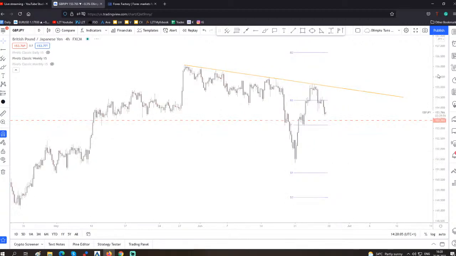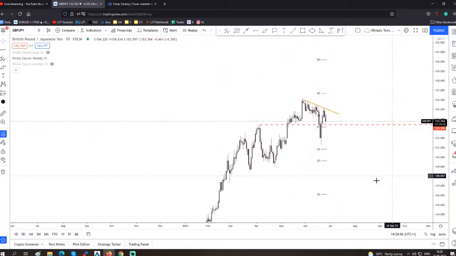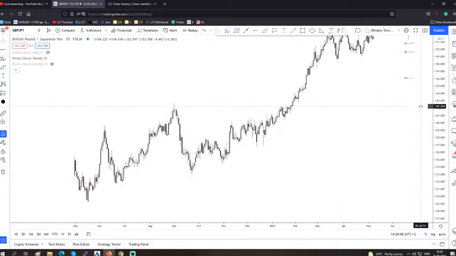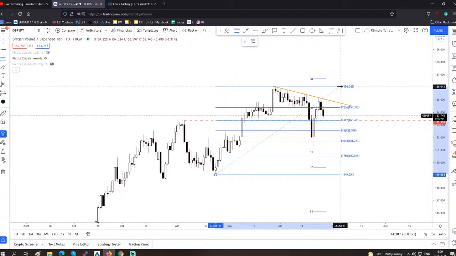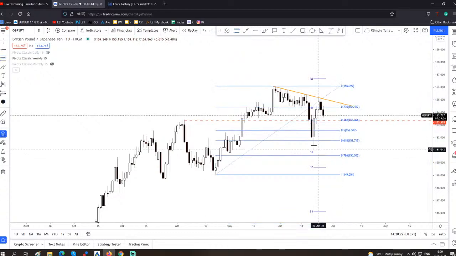Let's take a look also on the daily. So this one is still bullish. The price has decreased, it was in a corrective phase. The pair has registered only a false breakdown through the 61.8, and something like a bullish engulfing, an increase.